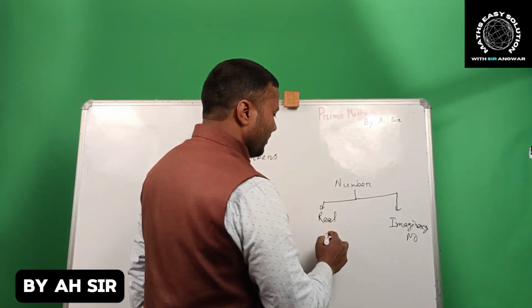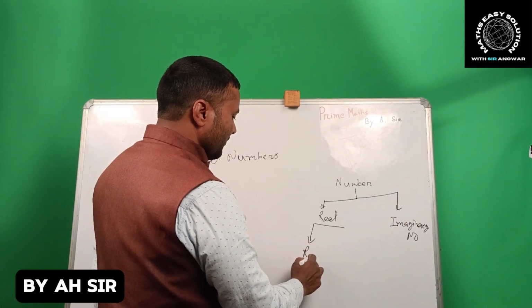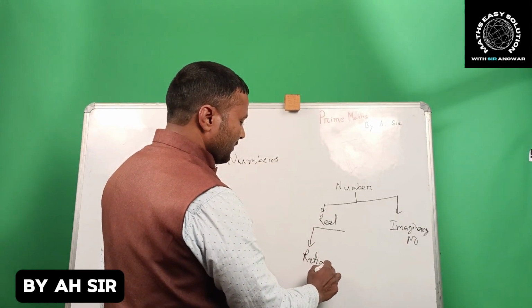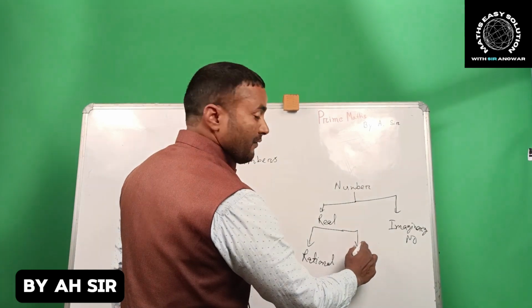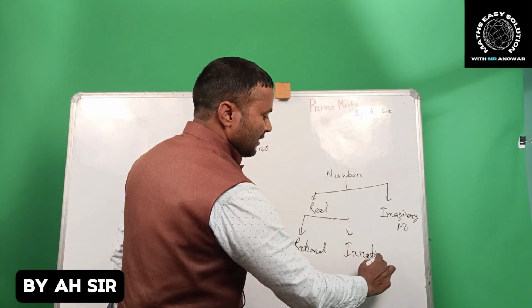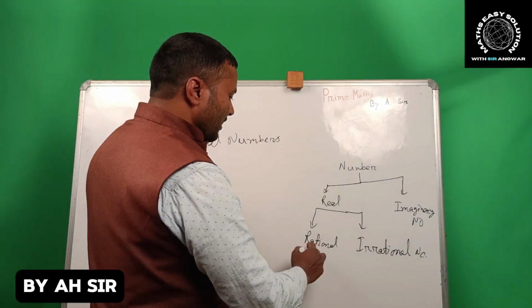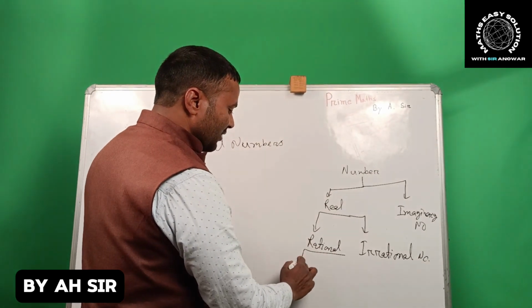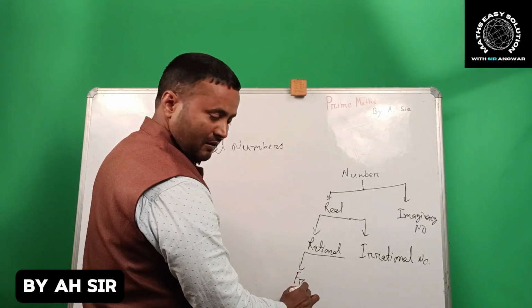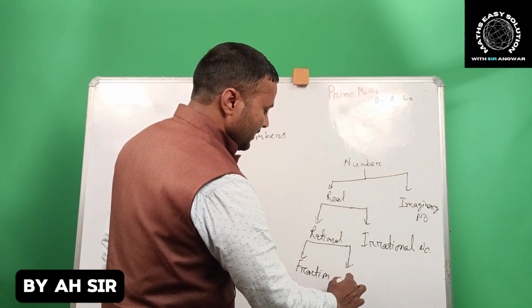From real numbers we have rational numbers and irrational numbers. From rational numbers again we have two parts: one is called fraction, and one is called integer.